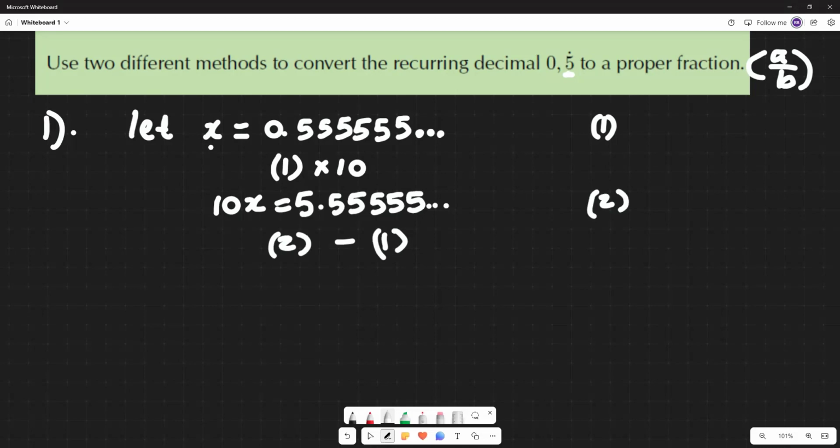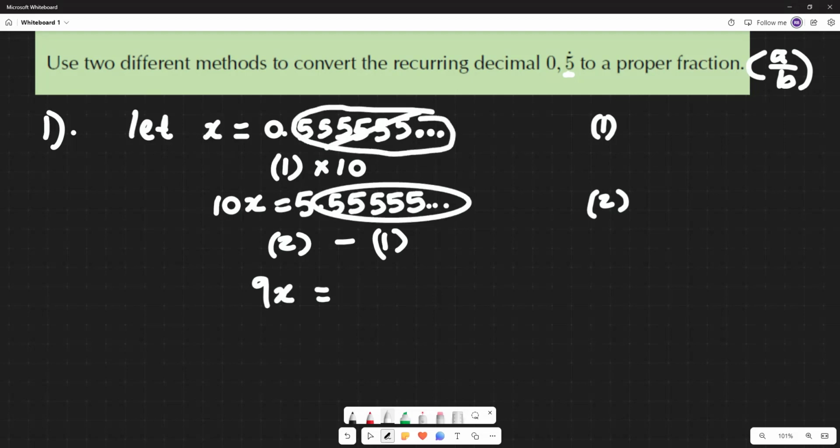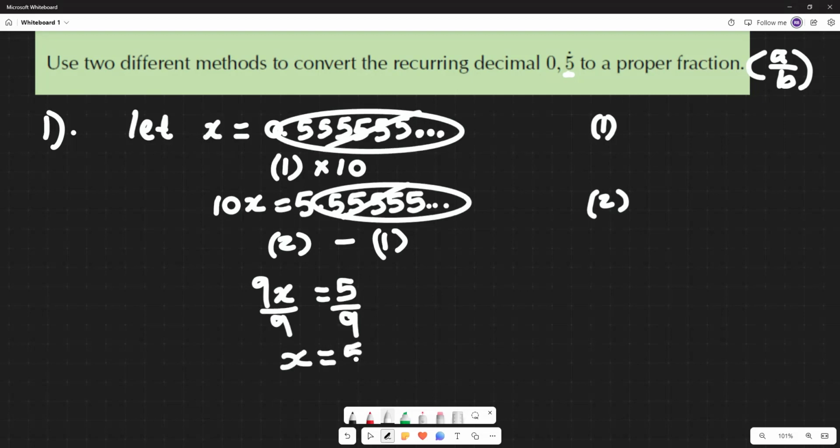So 10x minus x gives you 9x, which equals, remember this recurring and that recurring will cancel, so here you have 5 minus 0, which is just 5. Then you divide by 9 both sides. Then you have x equals 5 over 9. And that gives you a very nice proper fraction. Right, that was the first method.